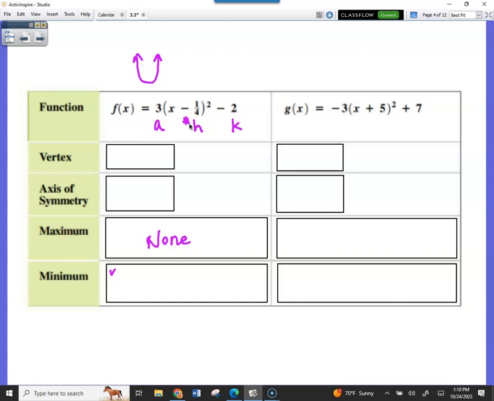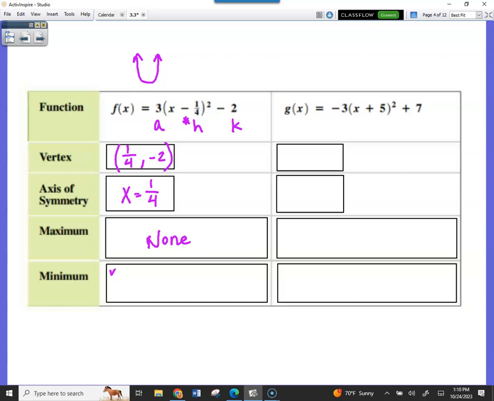H gets a sign change. So the vertex is 1/4, -2. The axis of symmetry is x equals 1/4, h from the vertex. That is the equation of the line that will pass vertically through the quadratic.